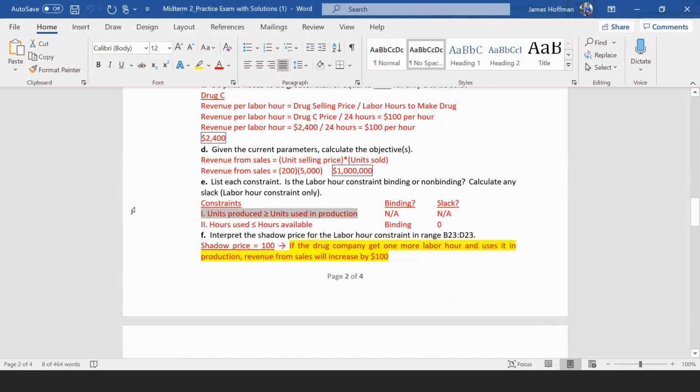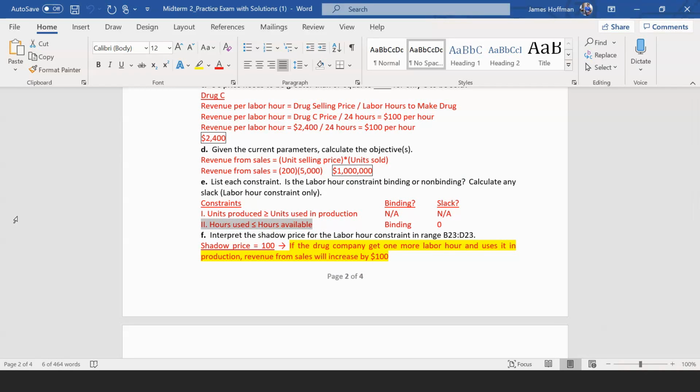Units produced has to be greater than or equal to units used in production, because obviously if you don't produce it, you can't use it. And hours used for labor less than or equal to hours available.